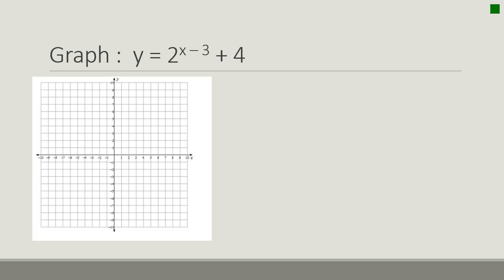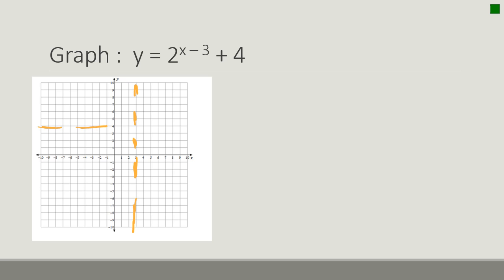So this is how I like to do these parent functions. I like to take and draw in my new asymptotes. So this is what it's going to do, is it's going to draw, oh, let's go back. It's going to draw new asymptotes at x is 3 and y is 4.